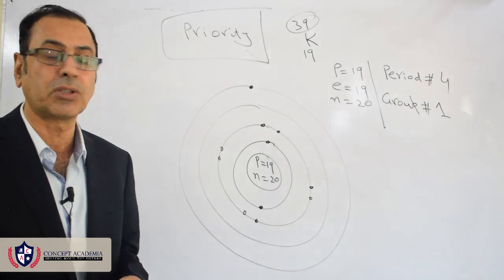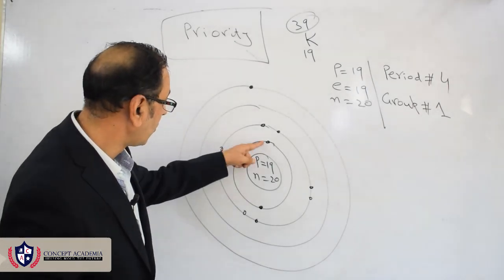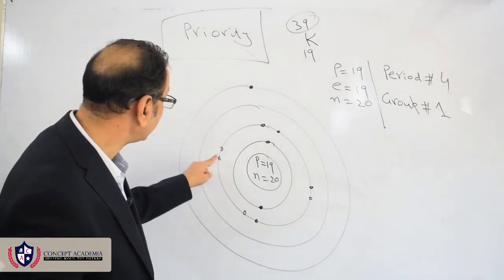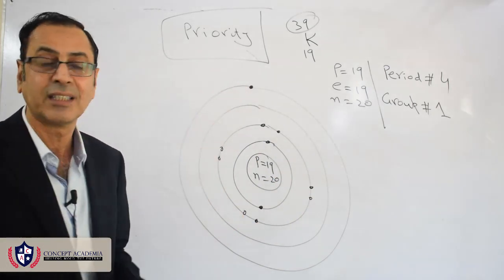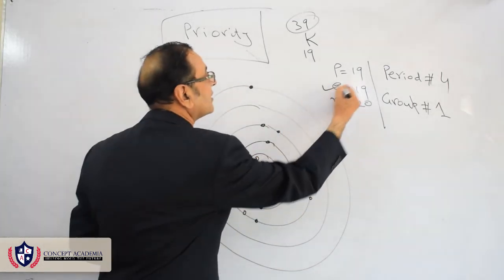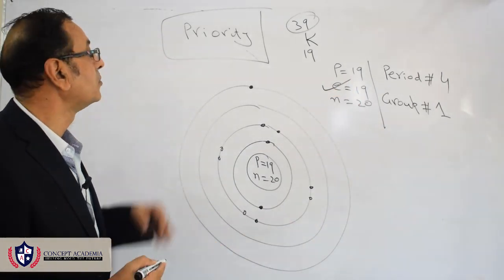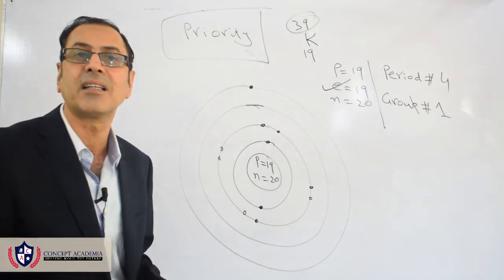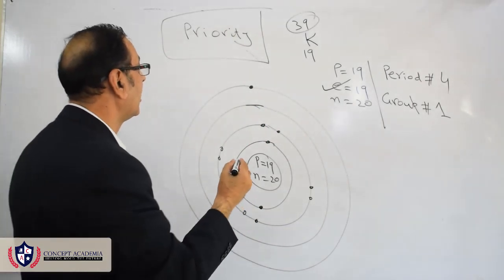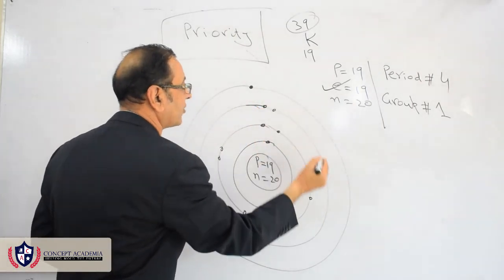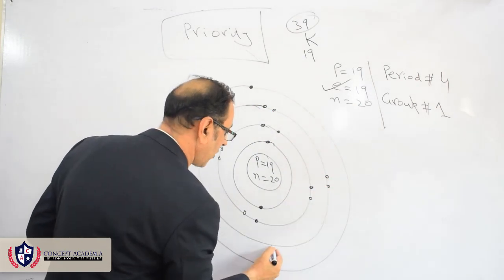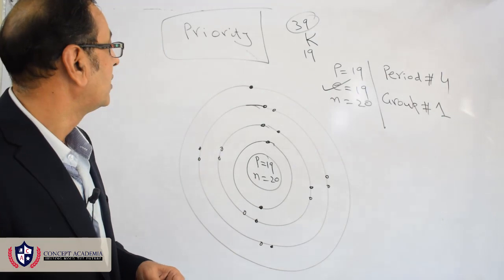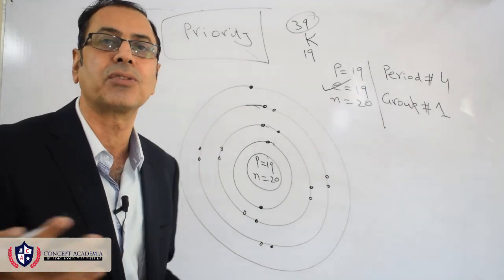You can count the total number of electrons: 1, 2, 3, 4, 5, 6, 7, 8, 9, 10, and 11. We have to make 19 electrons. To make 19 electrons, the second last shell must have 8 electrons. If you draw the electronic configuration this way, you will not have any chance to make a mistake.